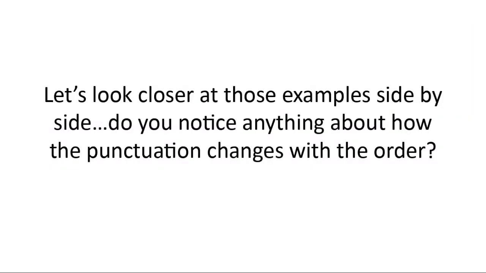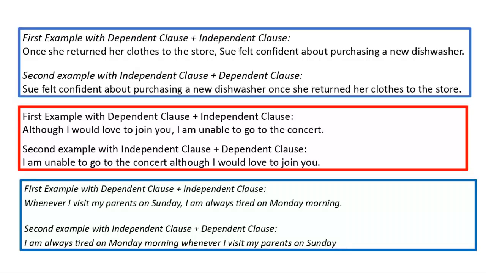Now, if you look at these examples a little bit closer, side by side, tell me, so the top one is when we do dependent clause, independent clause. The bottom one is when we do independent clause, dependent clause. Can you tell me, and I'll give you a hint, I'll go back to what I told you to remember from before that you already identified.